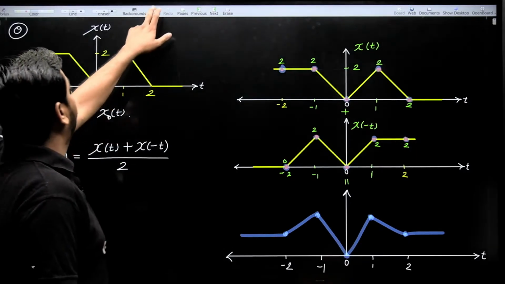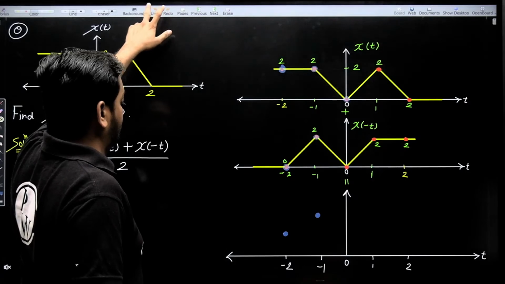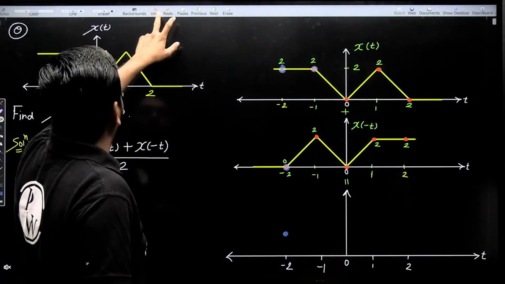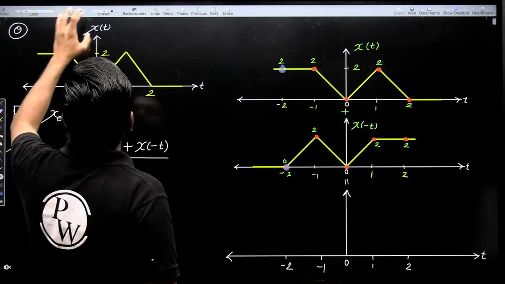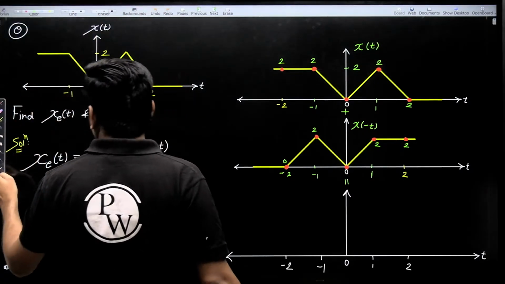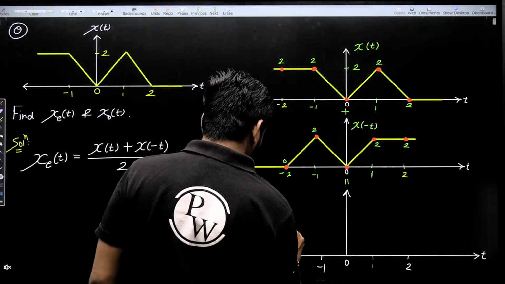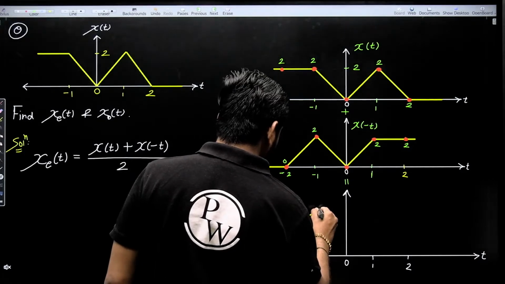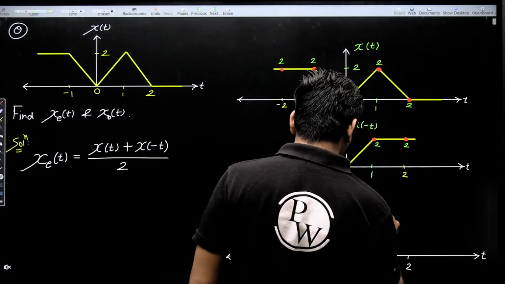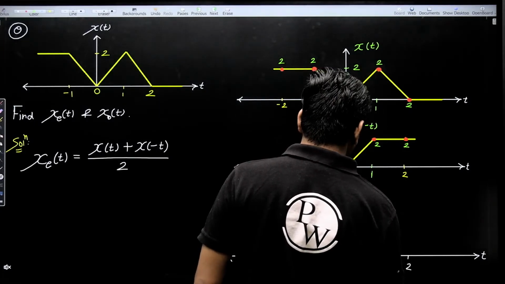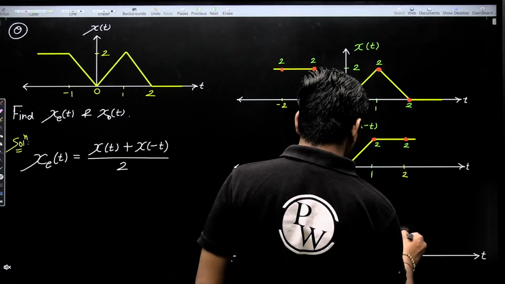Clear? So this is what even part. Here we got 1 amplitude, then amplitude is 2 here, then 0, then again 1, then 1.